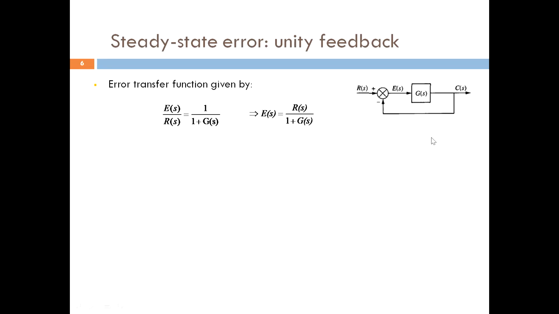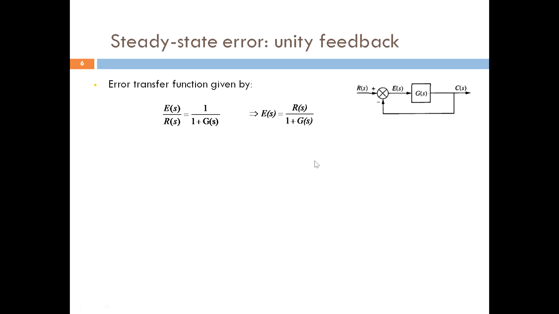So in this case, we assume that the feedback transfer function is equal to 1. Then we end up with this expression for the error. So the error signal is expressed in terms of the input as well as the system forward transfer function. Okay, so this is the expression for the error when we consider a unit feedback system and we are given the forward transfer function.